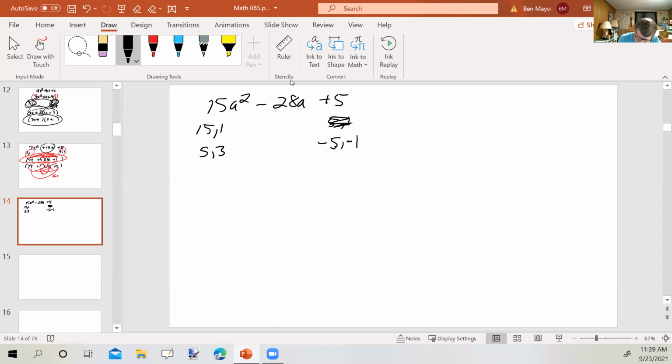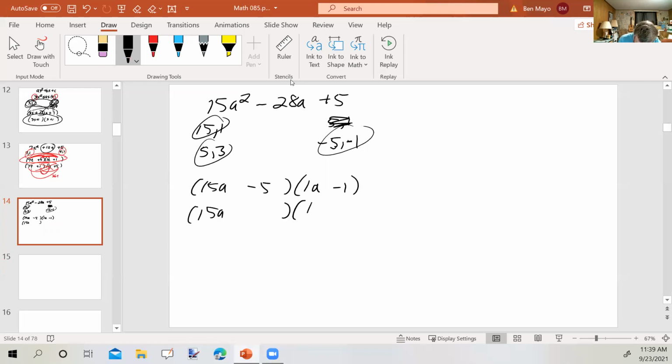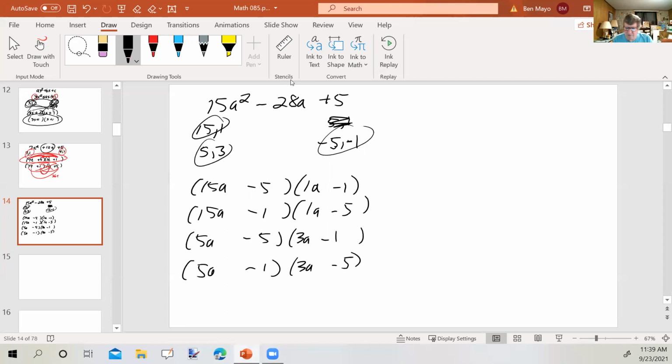So these numbers go in the front, these numbers go at the rear. So I've got 15a and 1a minus 5 minus 1, or 15a and 1a minus 1 minus 5, or 5a and 3a minus 5 minus 1, or 5a and 3a minus 1 minus 5.